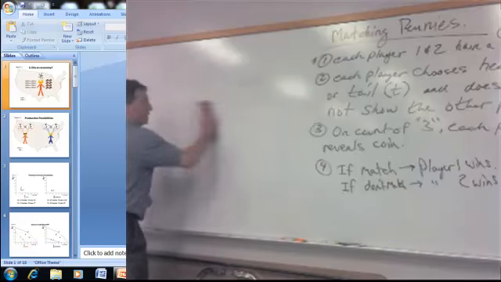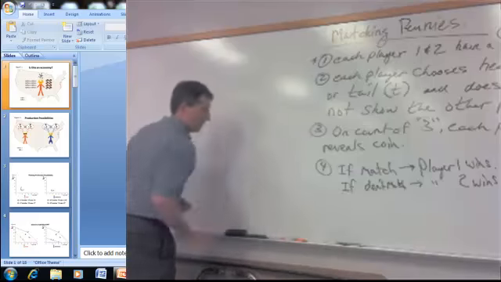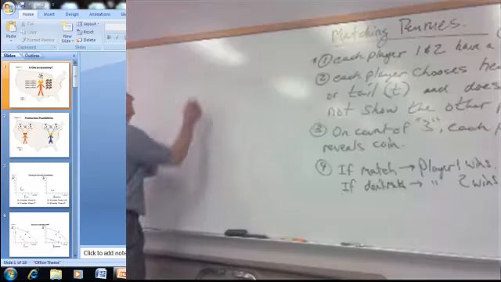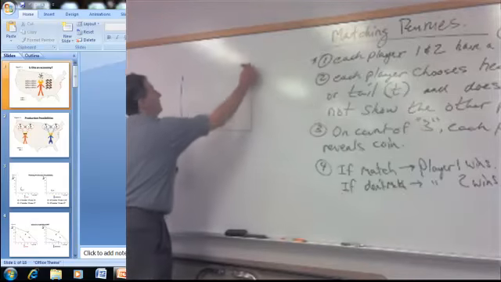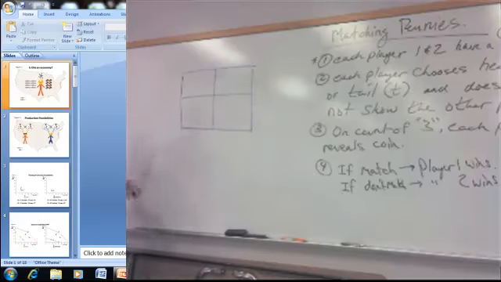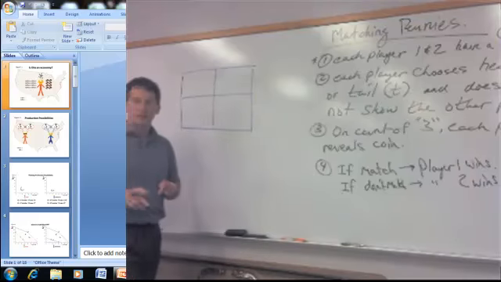And I'll give you about a minute or two here. So you should be setting up the game. We've got player 1 and 2, the head or the tail, and then the payoff matrix.